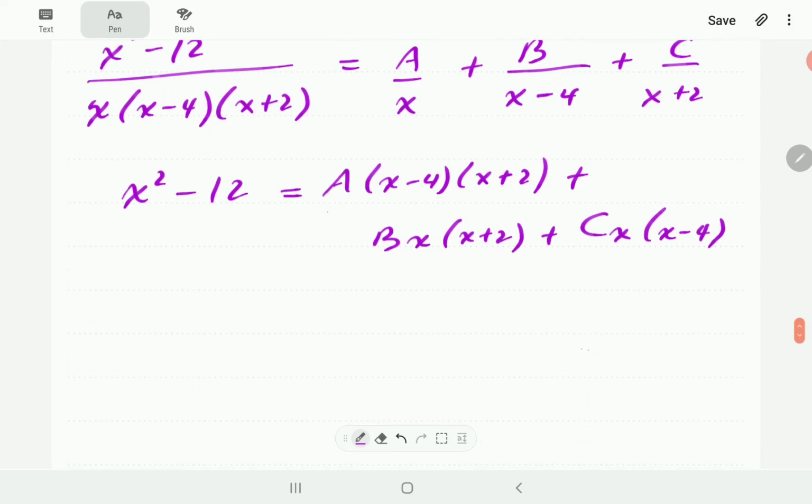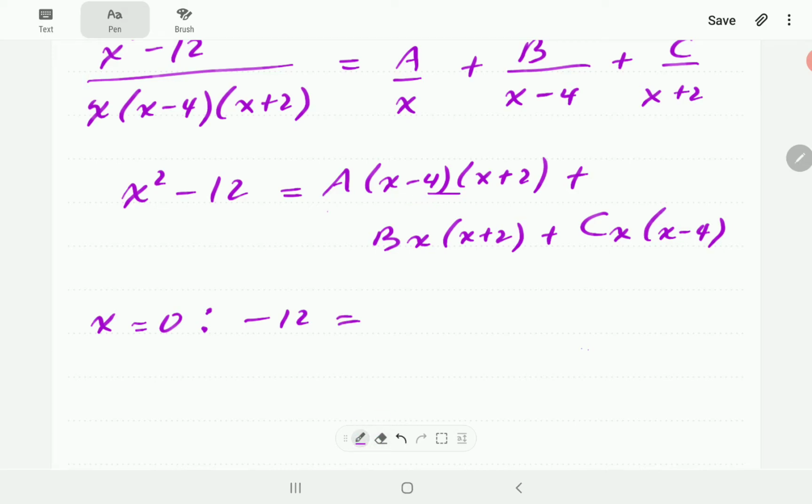Then we are going to substitute the roots of this denominator. There are going to be 3 of them: x equals 0, x equals 4, and x equals negative 2. If we plug in x equals 0, the left-hand side becomes negative 12.